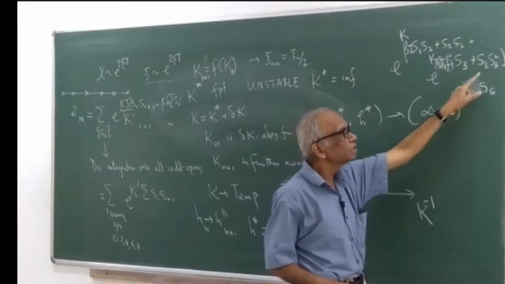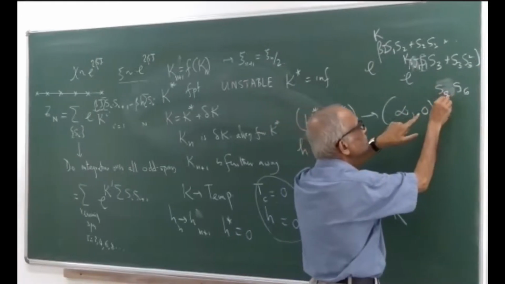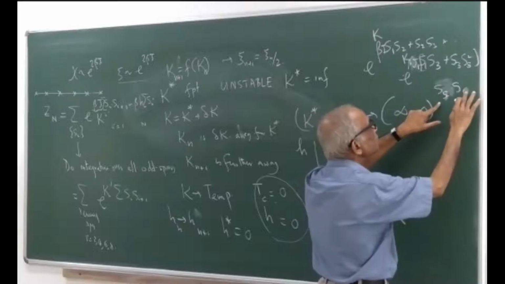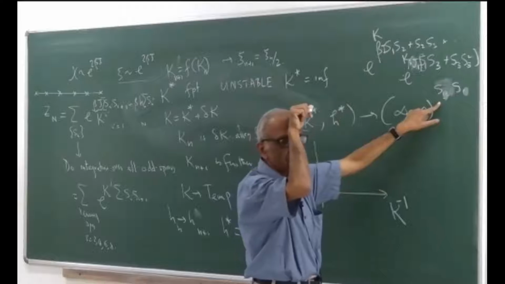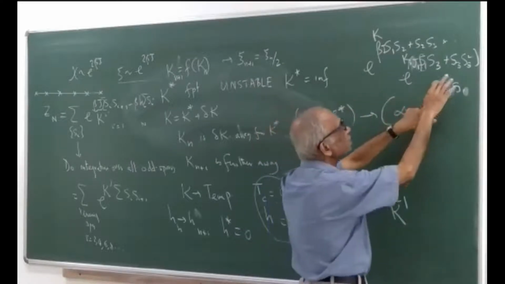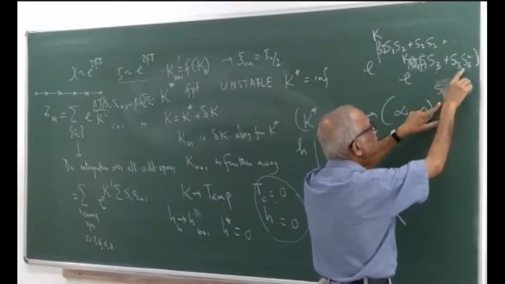So S5 would be a player, but S5 is gone. So what would be the next generator that I would be picking up? My survivor is S3, trashed over.